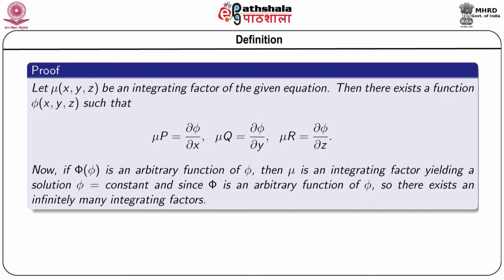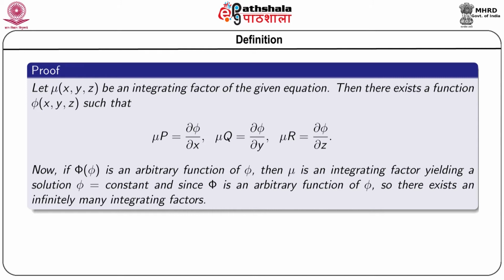Now, X·dr = 0 means P dx + Q dy + R dz = 0, and this is also integrable. Therefore, we can find a function phi(x, y, z) = constant such that ∂phi/∂x dx + ∂phi/∂y dy + ∂phi/∂z dz = 0.